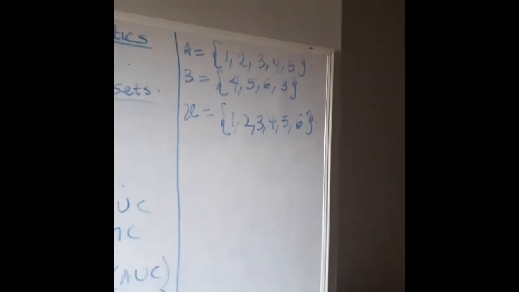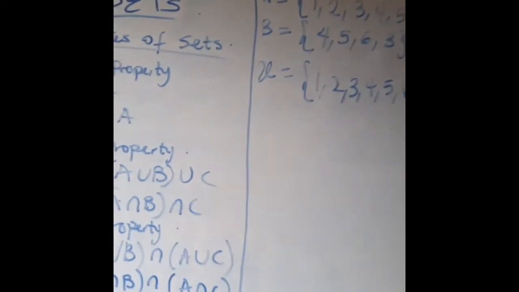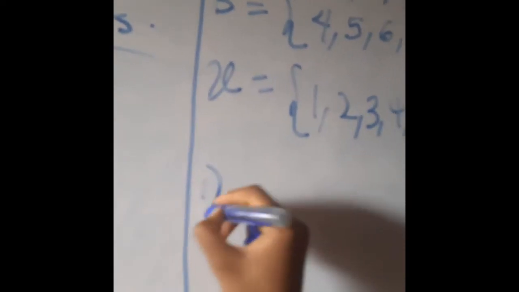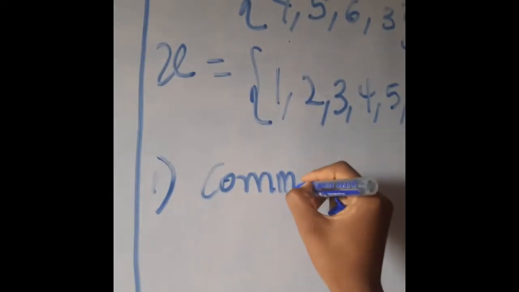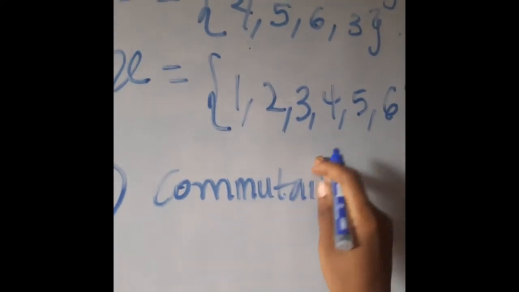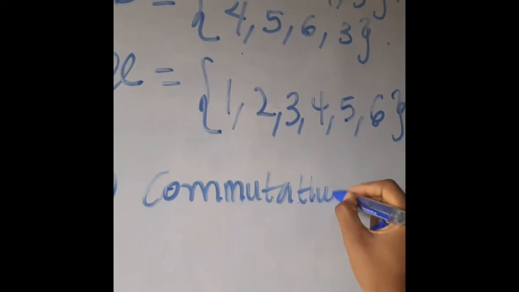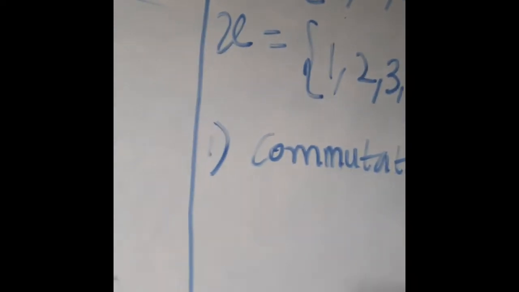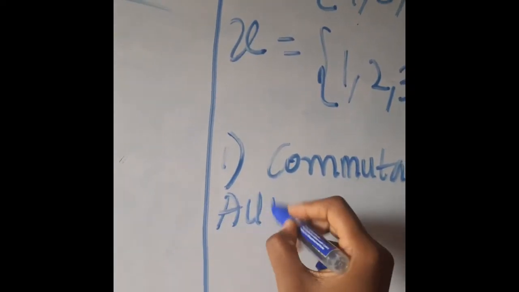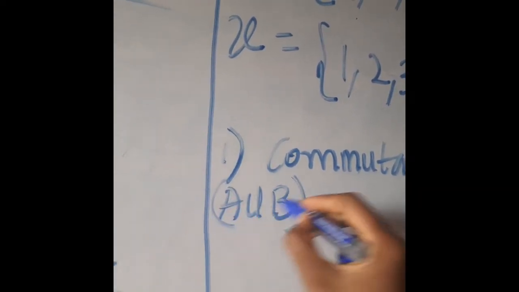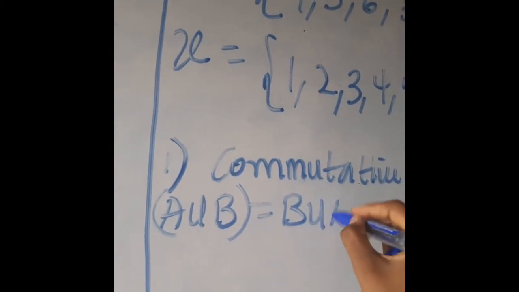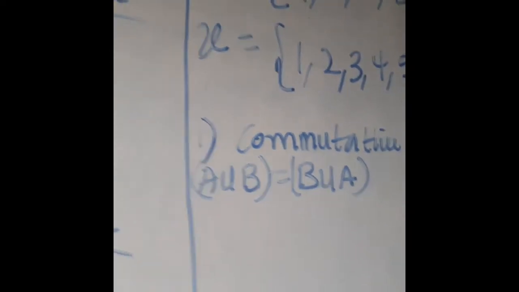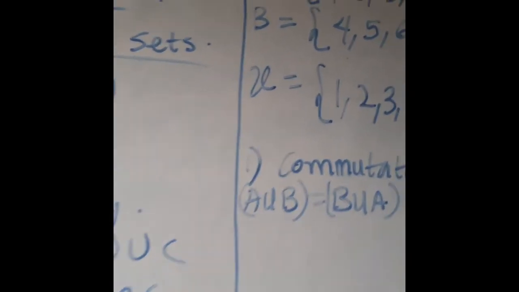So let us go for 1, which is the commutative property. This is A union B equals, I will just do the first one. You can try the second one on your own.